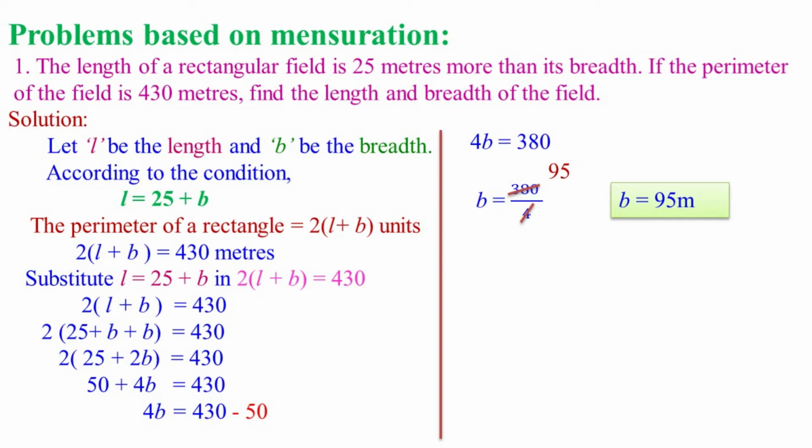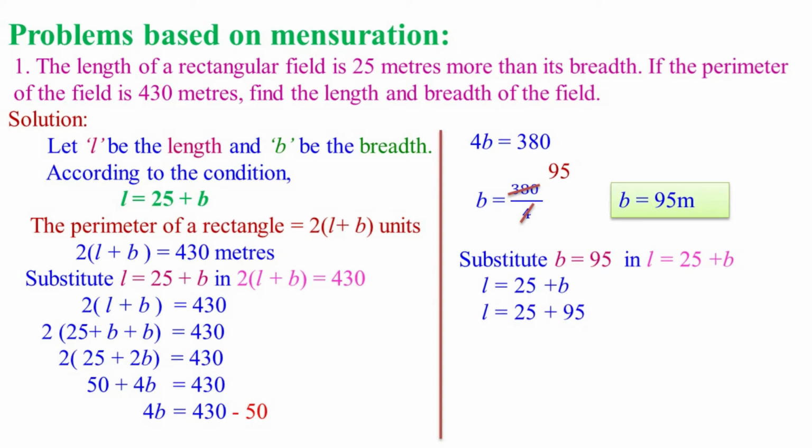Therefore, we have to substitute the value which we have found for B in the condition L equal to 25 plus B. There we have to substitute the value for B. We can find the length easily. Substitute B equal to 95 in L equal to 25 plus B. And substituting, L equal to 25 plus 95.